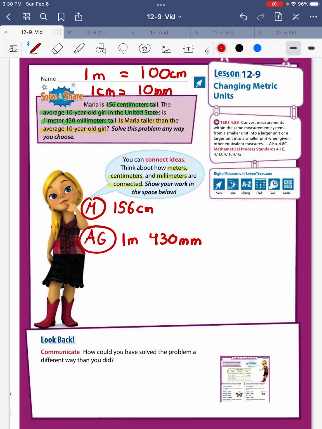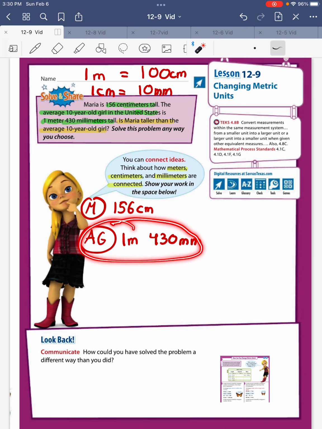So they want to know, is Maria taller? If you notice, our units are different. We have centimeters, we have meters, we have millimeters. I cannot do anything unless these are all the same unit, okay? So since Maria is already in centimeters, I'm going to convert the meters and millimeters to centimeters as well, okay?